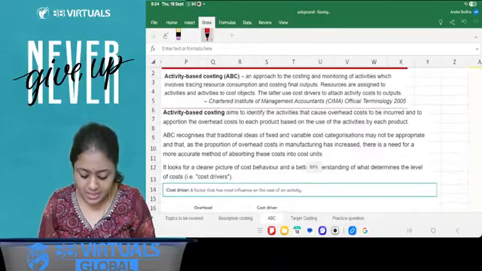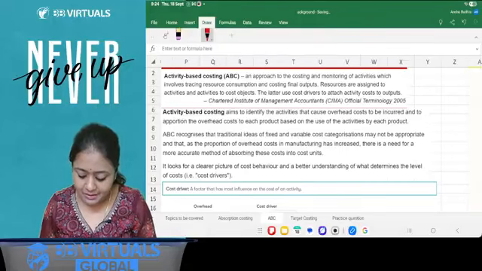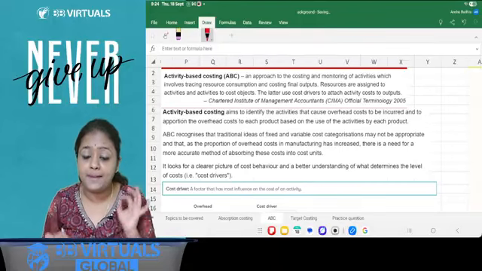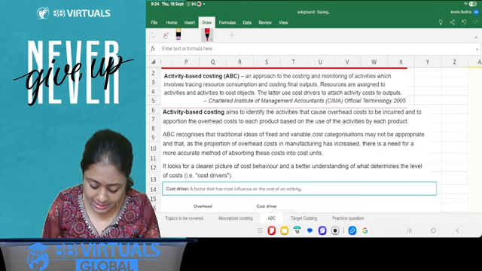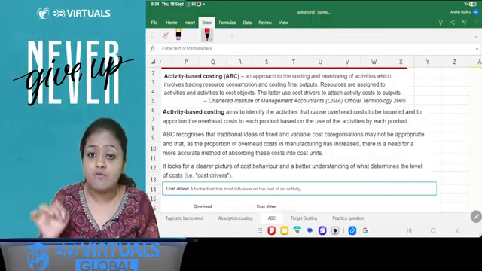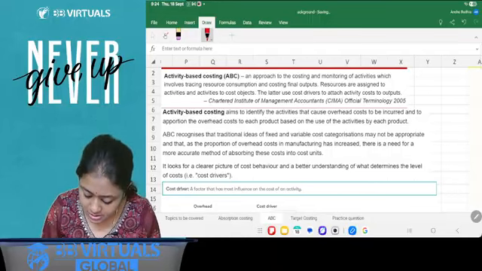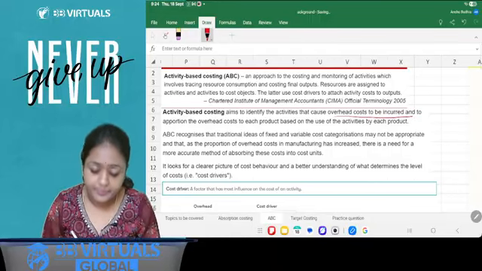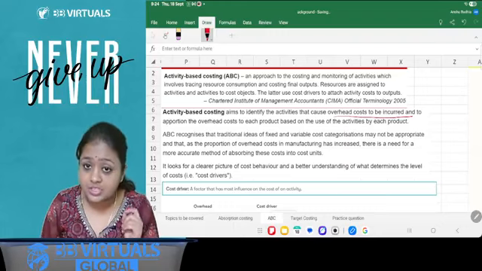I hope I'm clear. So now if I summarize activity based costing, I can simply put it as: activity based costing aims to identify the activities which will cause overhead cost to be incurred. That is, what are the cost drivers?